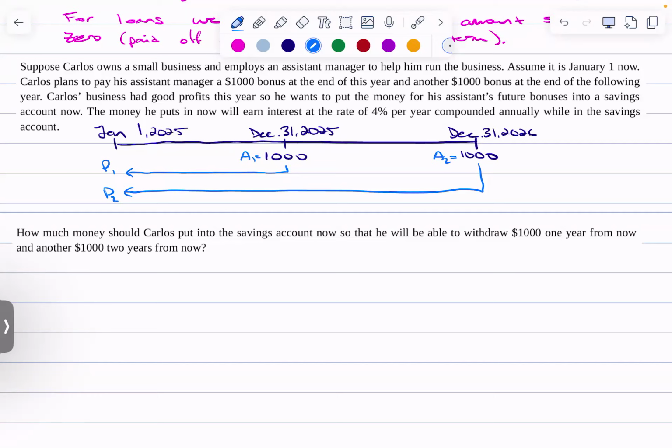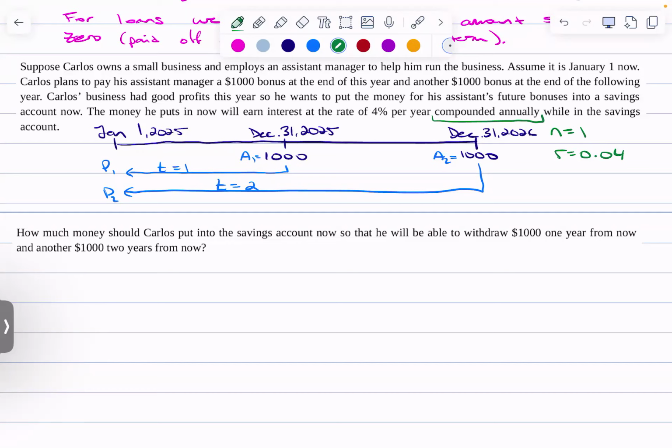And I want to pull them back, and t for this one is 1, and t for the other one is 2 years. They're in there for different lengths of time. And interest is compounded annually, so n is 1 for both of those. n is 1 and the rate is 0.04.